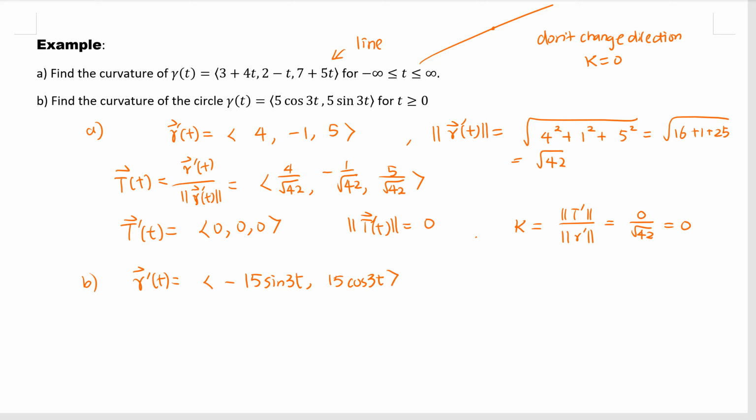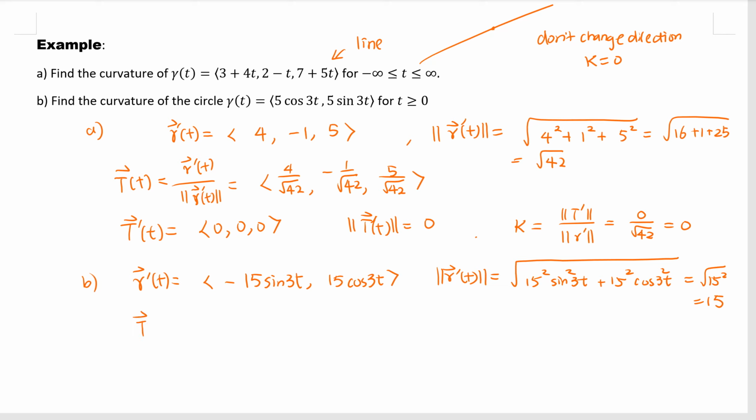And then what is the speed? Well, that's the square root of 15 squared sine squared 3t plus 15 squared cosine squared 3t. But after we factor out the 15 squared, sine squared plus cosine squared is just 1. So this is the same as the square root of 15 squared, which is 15.